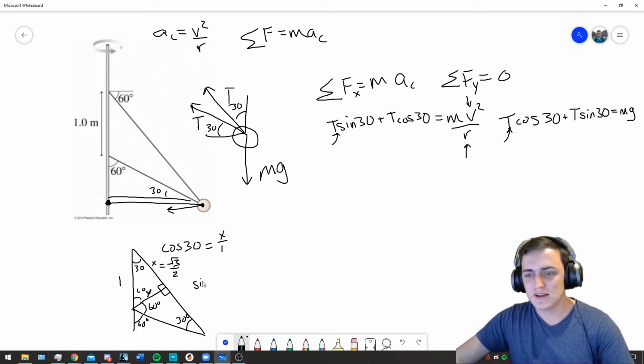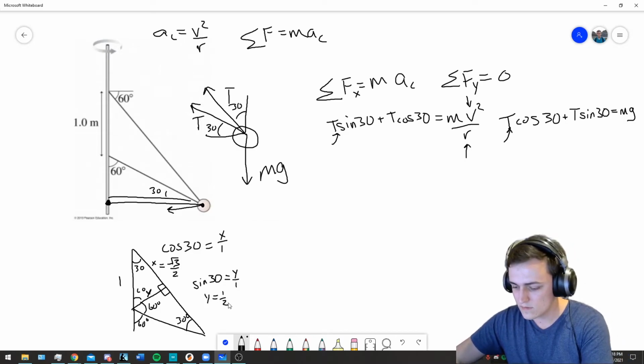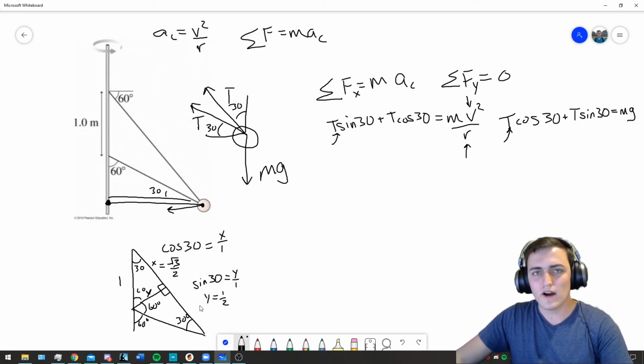We can use sine of 30 this time. It's opposite y over 1. And that tells us that y is 1/2. And using y equals 1/2, now we can go ahead and solve for this adjacent side.